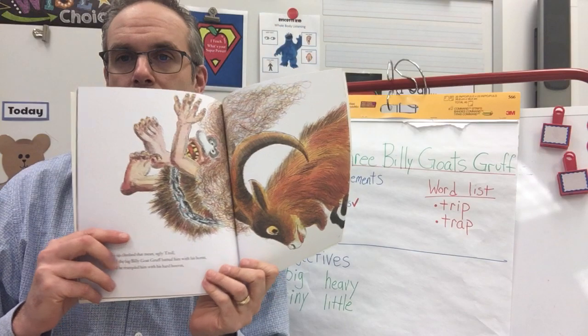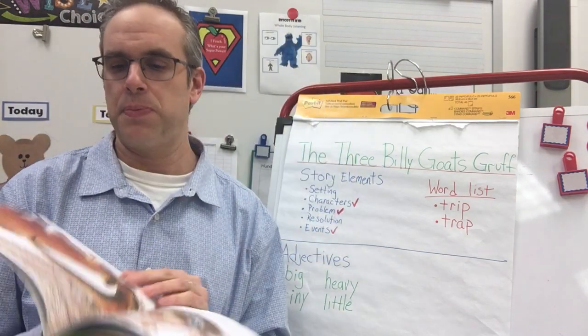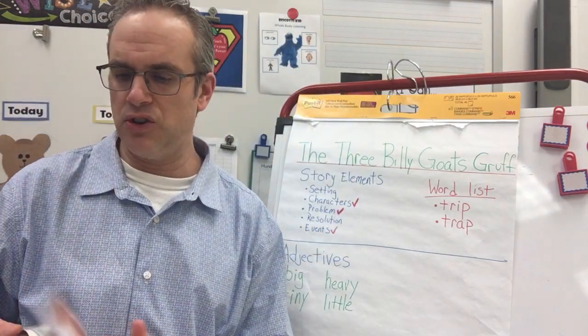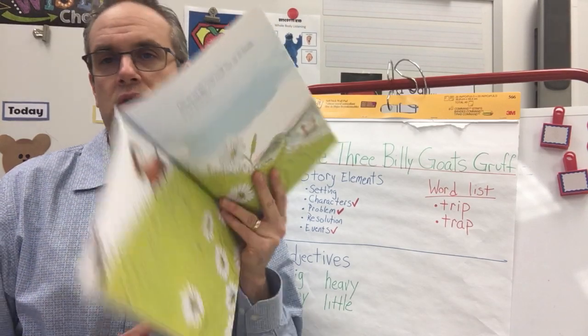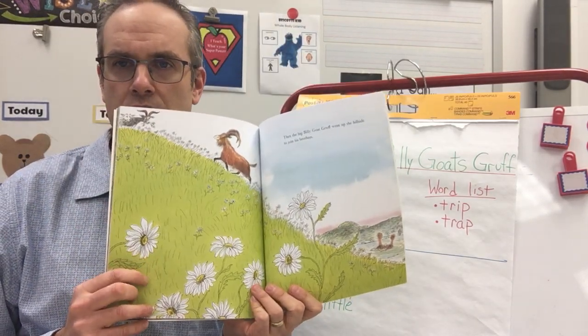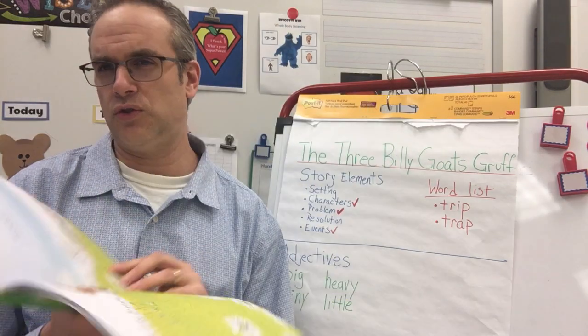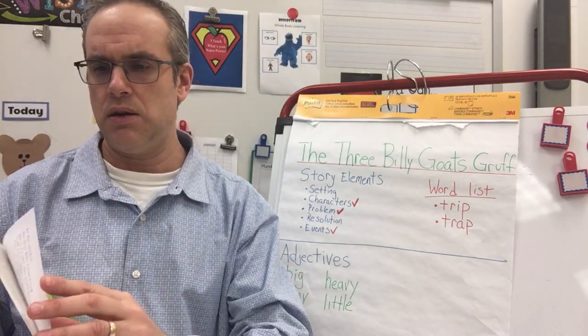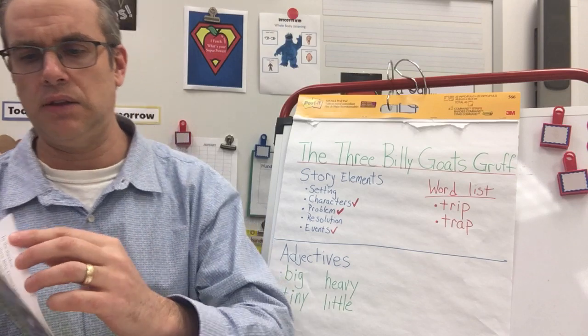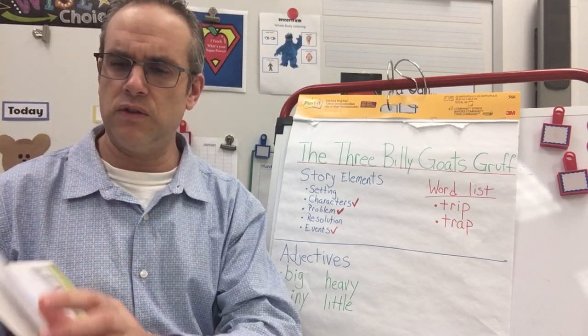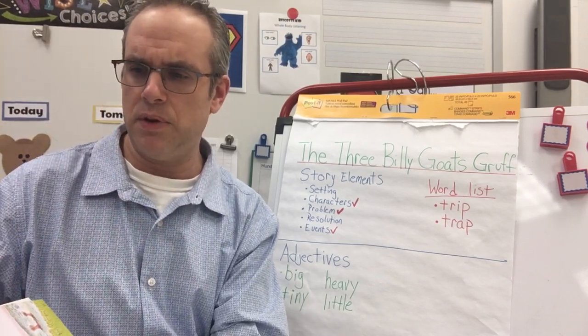There he is. Bam! And he finishes crossing the bridge, meets his little brothers on the other side. And the end of the story is that they eat all the grass and dandelions that they want. So those are the order of the events that happen in the story.